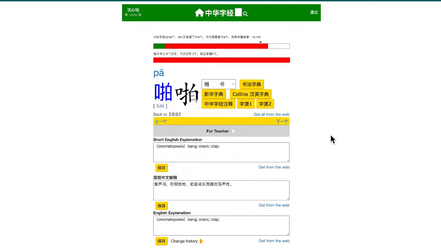Anything that sounds like pa, you can use this character to describe that sound. So basically this is just onomatopoeia.